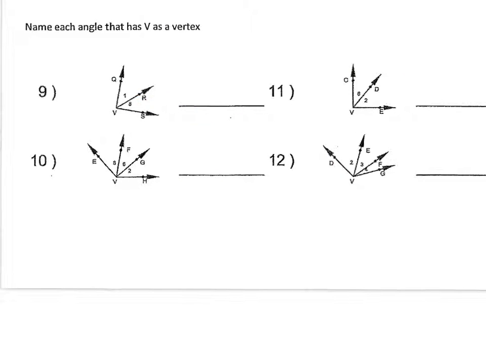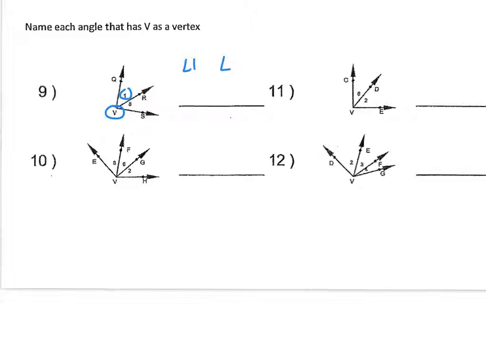All right, so now over here it says name each angle that has V as a vertex. If you look at number 9, V is the vertex right here. And there are lots of different angles that have V as a vertex. So we're going to name all of them. First of all, I can do angle 1 because it's right here and V is the vertex.